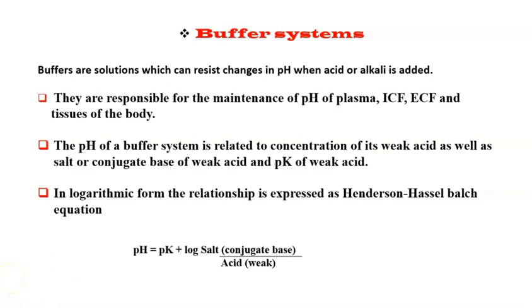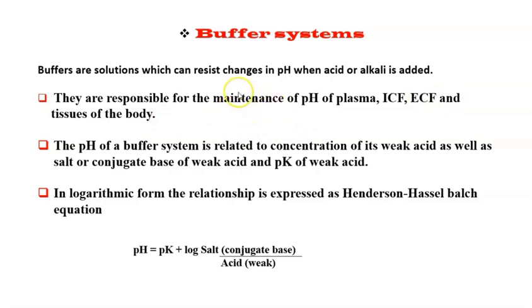Looking at it now, we say that buffers are solutions which can resist change in pH when acid or alkaline is added. These buffers are responsible for the maintenance of pH of plasma, intracellular fluid, extracellular fluid (ECF), and the tissues of the body.